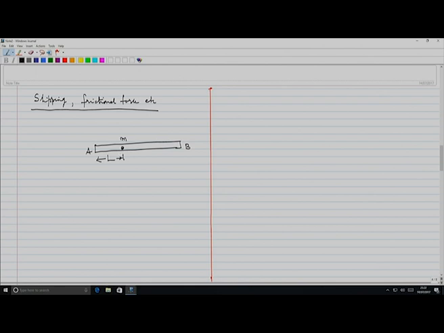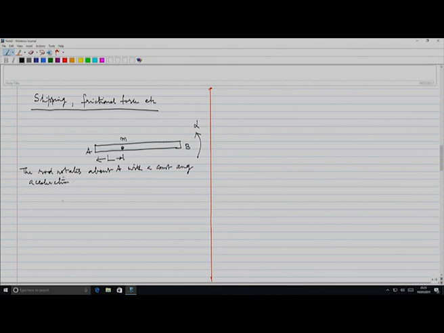The rod rotates about A with a constant angular acceleration alpha.